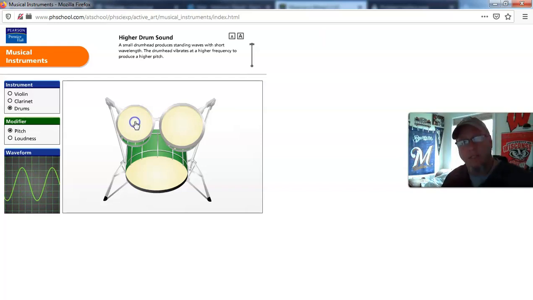Look at the frequency that you get down on the screen right here. There's a lot of waves in that time frame. We're going to call the distance from here to here a time frame. And there's a lot of waves in that time frame. Whereas compared to this, low frequency, high frequency, low frequency, high frequency.